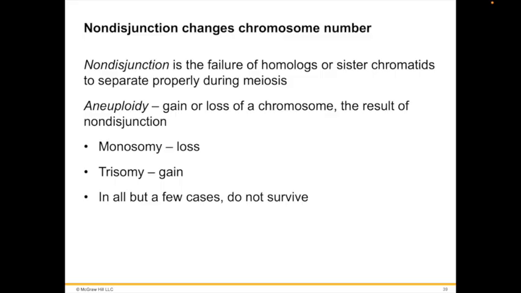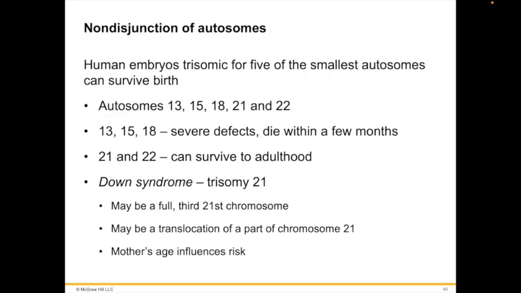With such a genetic makeup, they die within a few months. In contrast, individuals trisomic for chromosome 21 or more rarely chromosome 22 usually survive to adulthood.